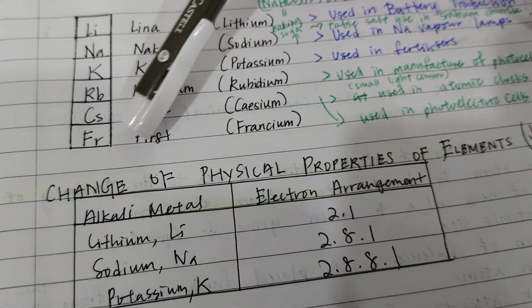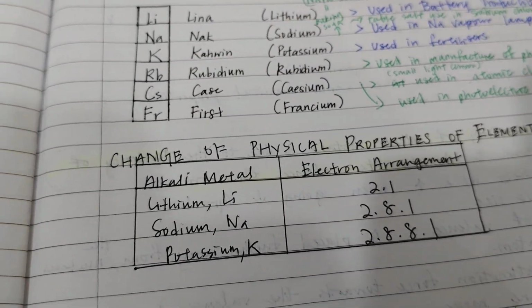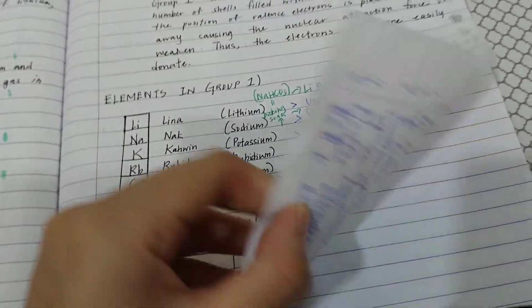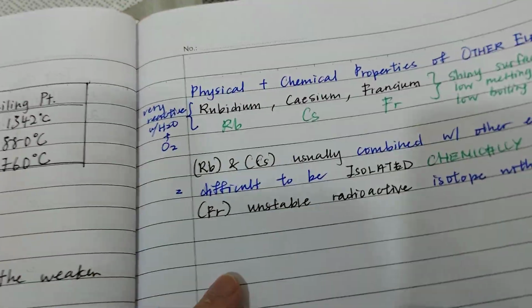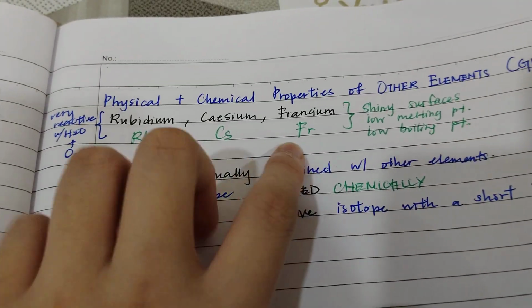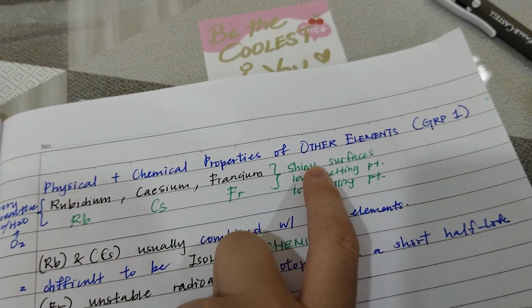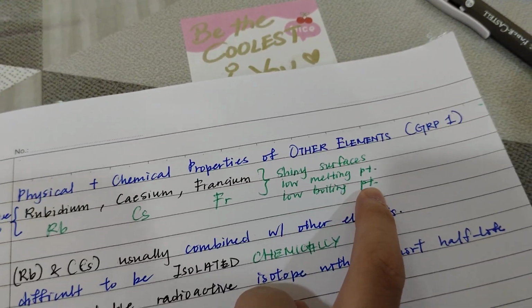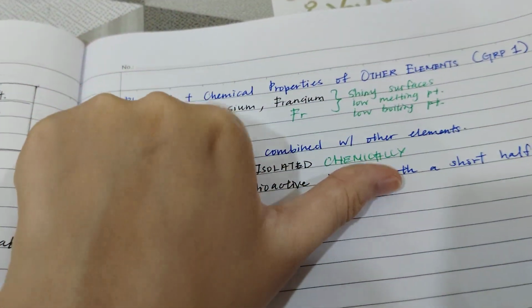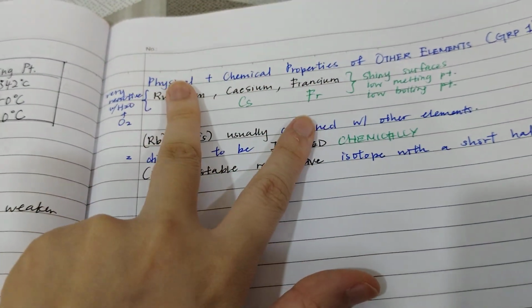Going back to francium, it doesn't have a known use, at least in the textbook, and it can be explained because we're going to go on just the physical and chemical properties first. Going down, rubidium, caesium, and francium are kind of special. They have shiny surfaces, a low melting point, and low boiling point, which is the same as lithium and sodium and potassium.